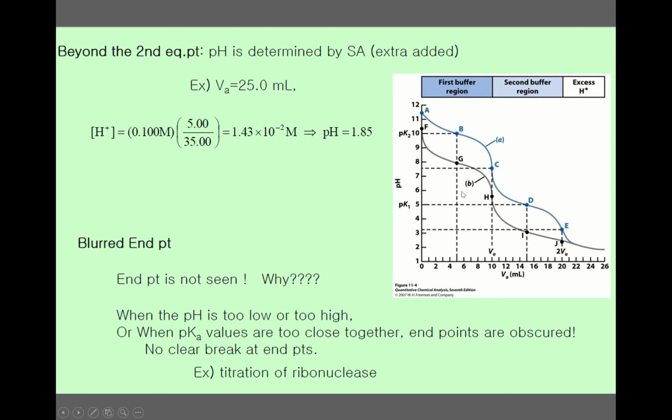But in this case, the black curve, you see, the second end point is not clear. The example is the titration of ribonuclease. At the outset of this chapter, we saw the titration of ribonuclease. So there are many end points, so it is not easy to locate individual end points.